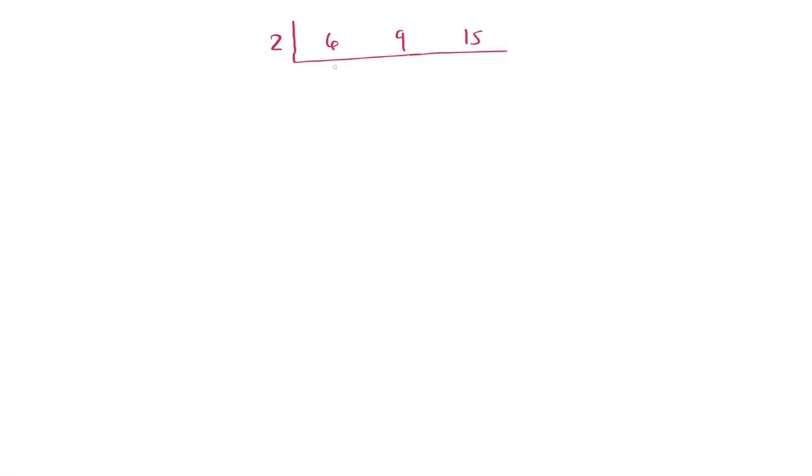So 6 divided by 2 is 3. 9 divided by 2 is not possible, so we leave 9 as it is. And 15 divided by 2 is also not possible, so here we have 15. Next, we ask again, what is the lowest number which can divide any of these numbers? The number is 3.